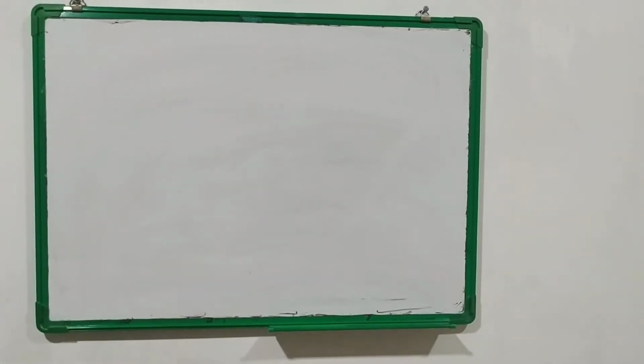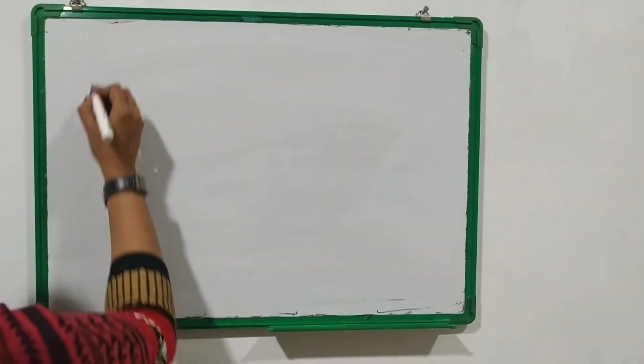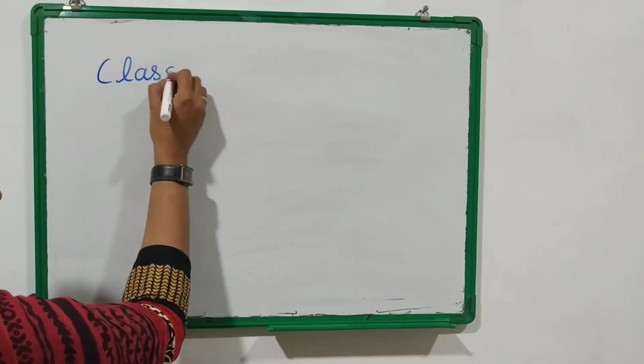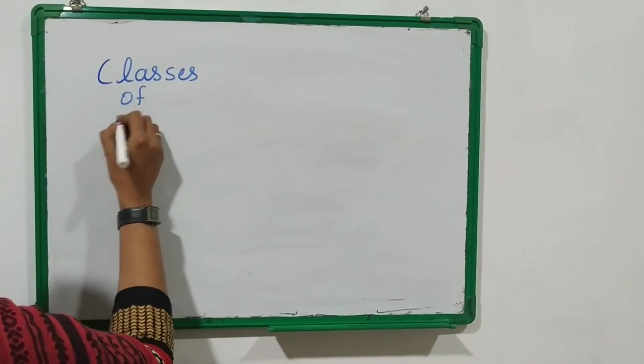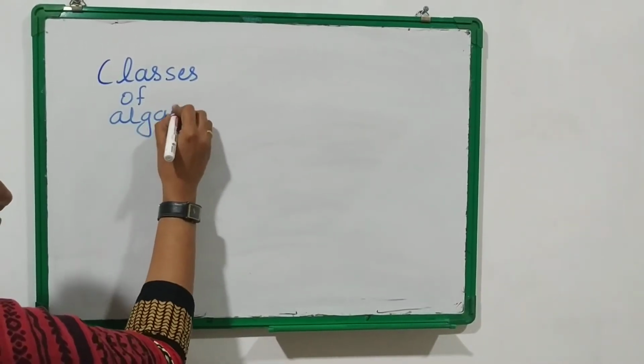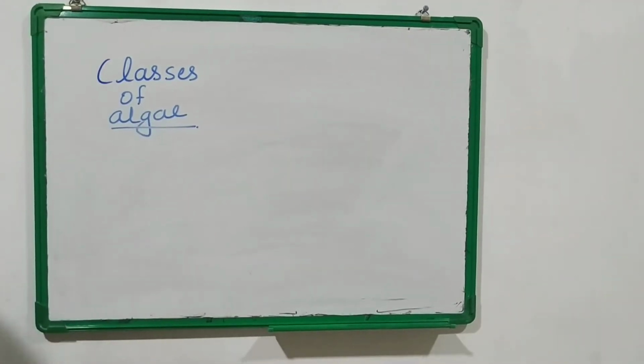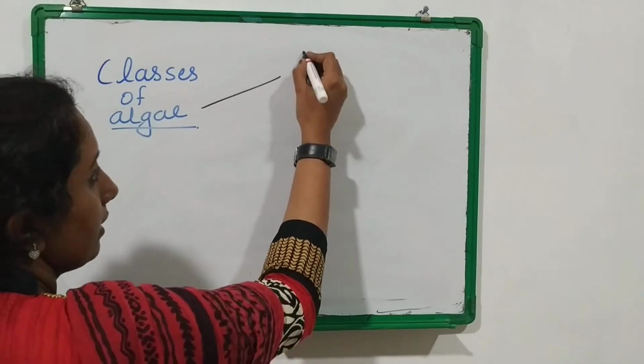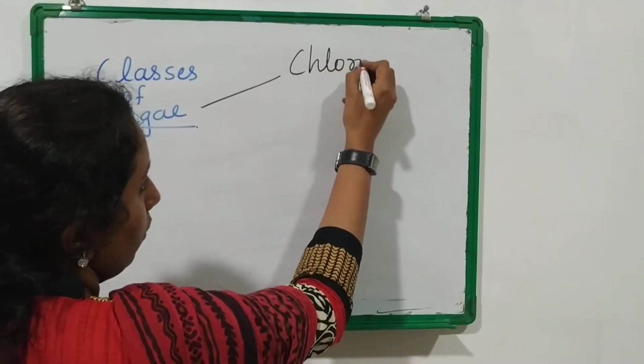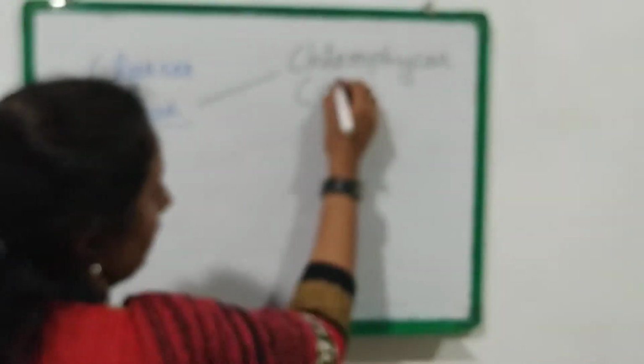Okay, next we are going to discuss the different classes of algae. Algae is divided into three classes. First one is Chlorophyceae, also known as Chlorophyta.